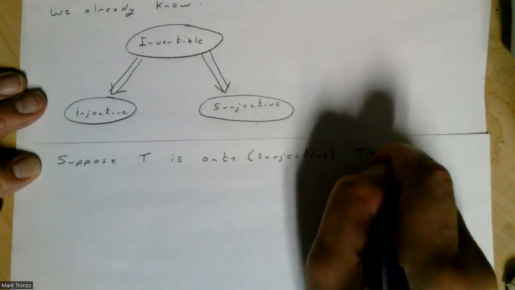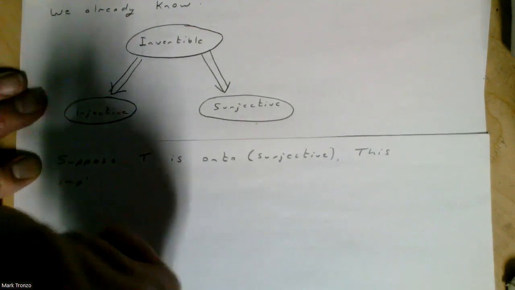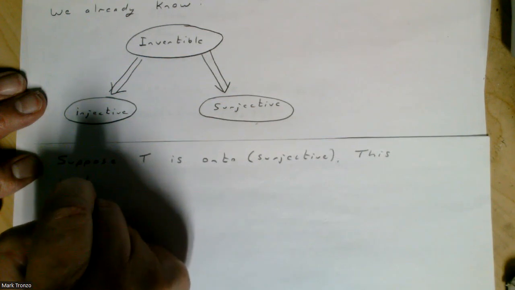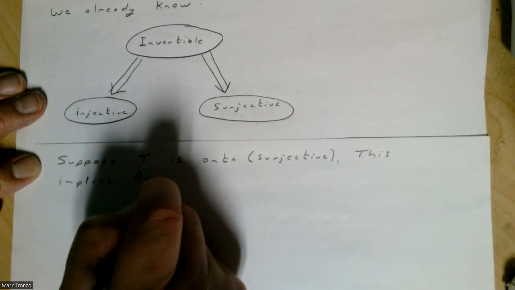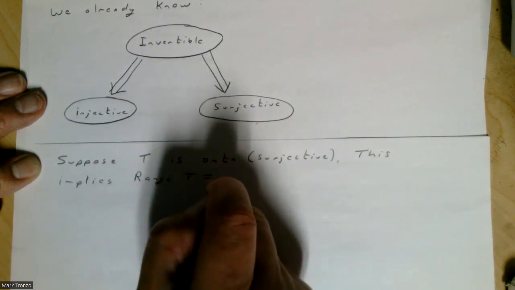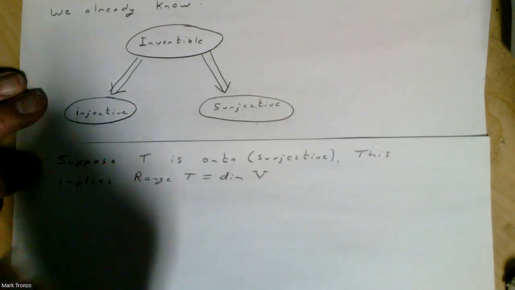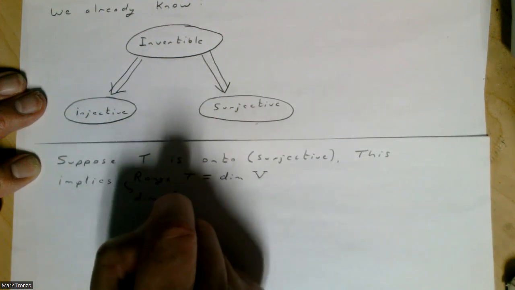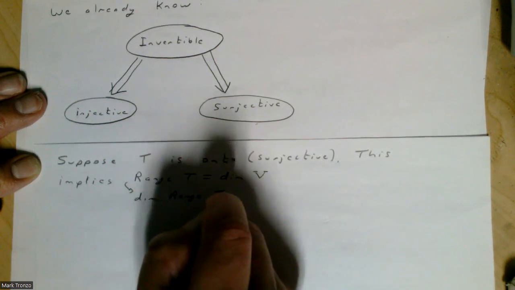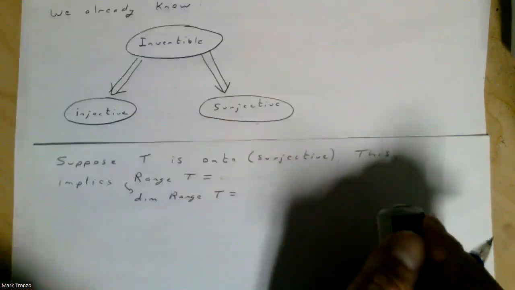This implies that the range of T equals V. I should have just said V up here, excuse me.